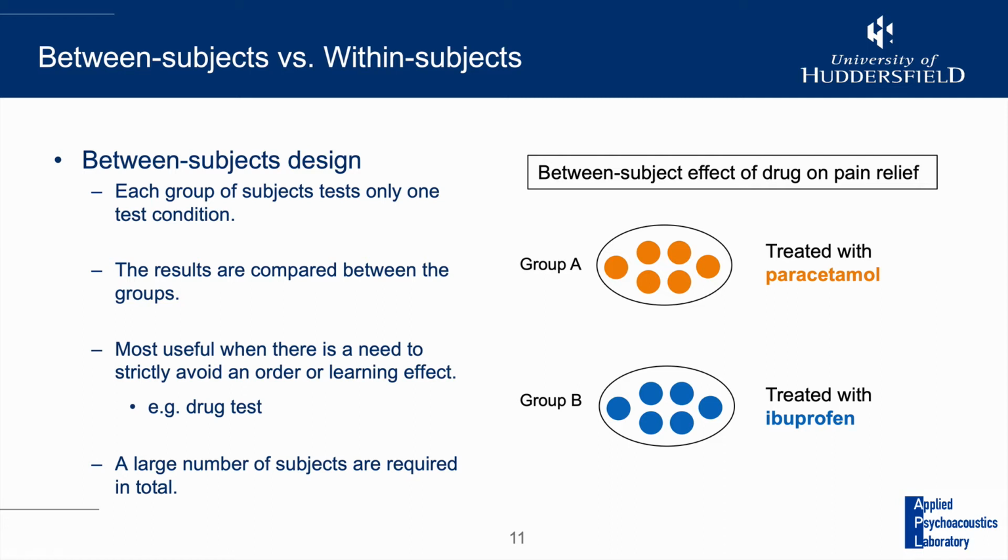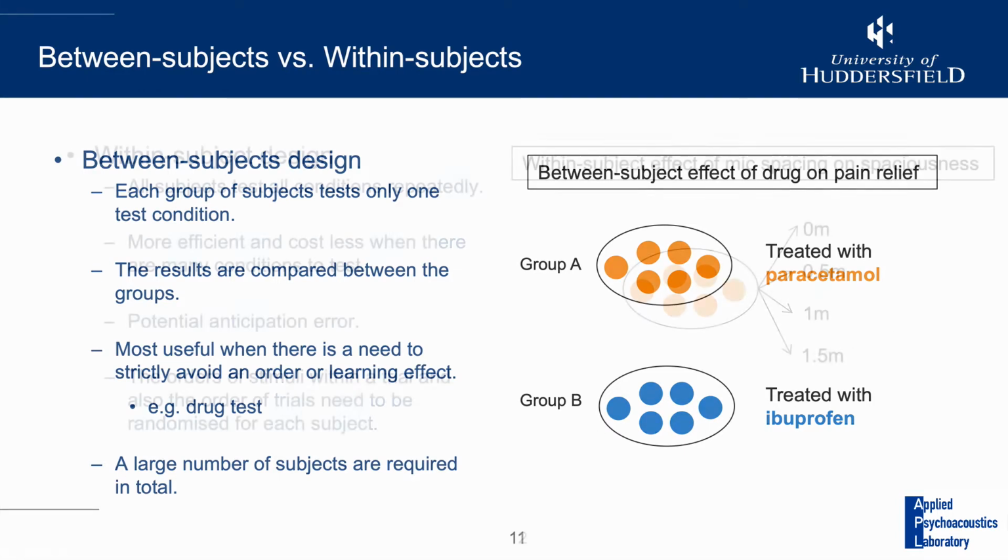Then we use between subject design. But as you can imagine, this kind of test requires a large number of subjects in total, as one group only tests one condition. So if you have 20 subjects in group A, in this case, then you need another 20 subjects in group B. Then you need 40 subjects instead of 20 subjects.